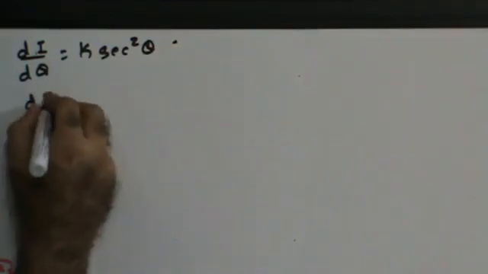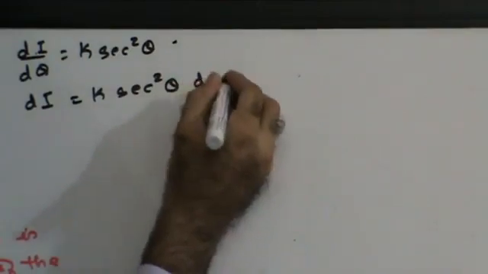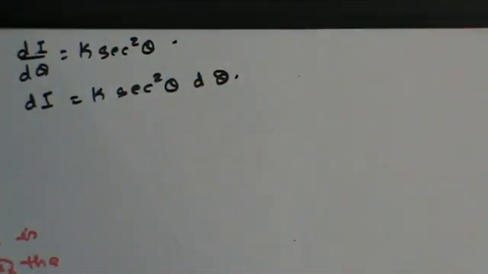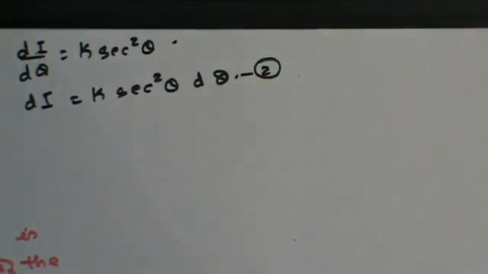So I can say di is equal to K times sec square theta into d theta. Call this equation 2. Your I is equal to K tan theta, call that equation 1.